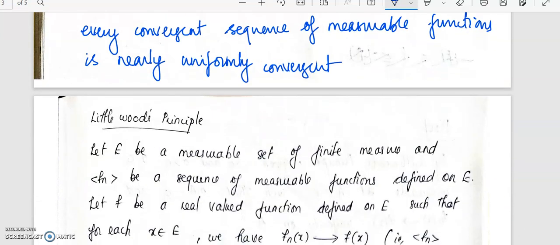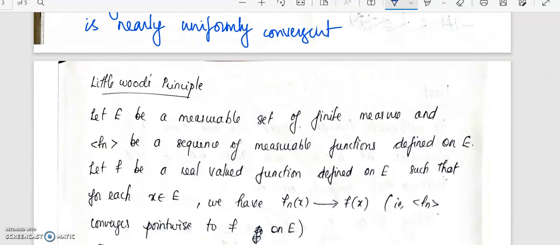So let us look at the statement of Littlewood's principle. Let E be a measurable set of finite measure.